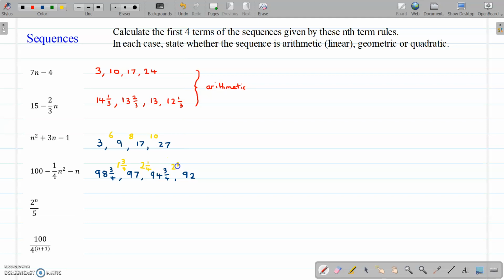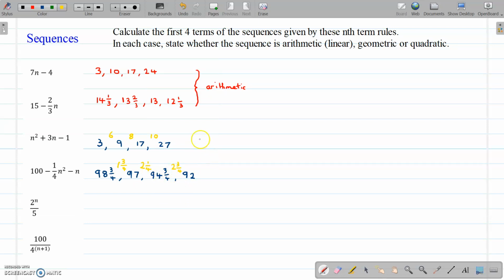Now hopefully you can see that the differences between those is constant, because that's going up by a half, that's going up by a half. So that's another quadratic sequence, because the sequence of the first differences has a common difference between those.